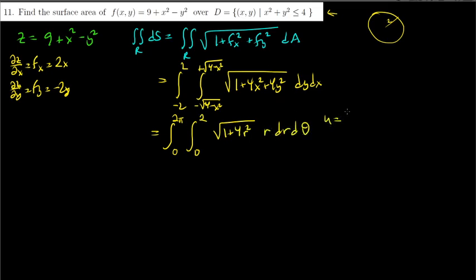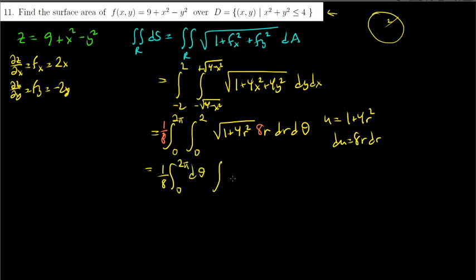So using another u substitution, 1 plus 4r squared, du is going to be 8r dr. So we'll multiply by 8, divide by 8. Okay, and none of this depends on theta here, so that'll just be 2 pi.